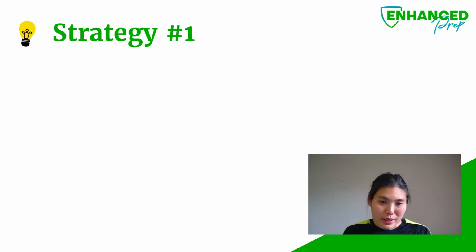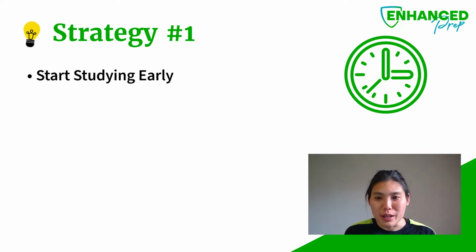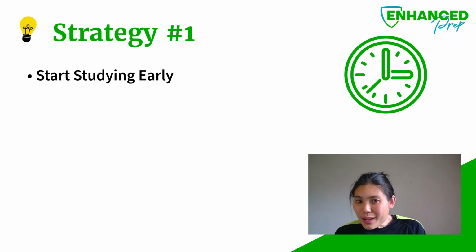Strategy number 1, start early. I know I've said this before in other videos, but start early, okay? I usually recommend to all of my students to start studying in January for any AP history exam. Even though APUSH might have only a few hundred years to cover, the APUSH exam actually goes far greater into detail with those few hundred years than, for example, AP World, right?